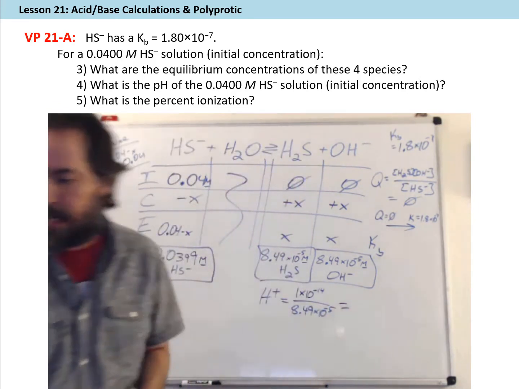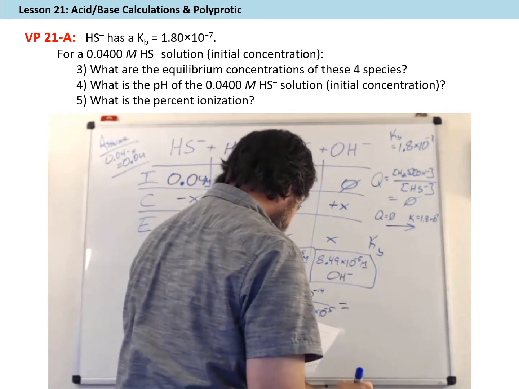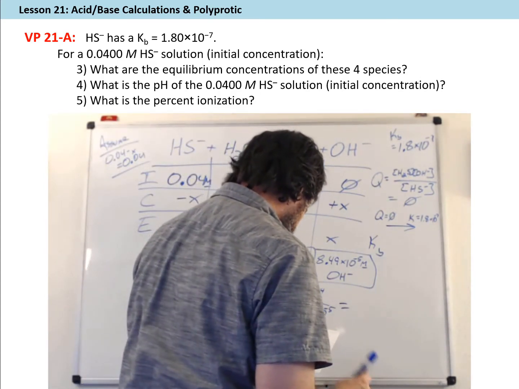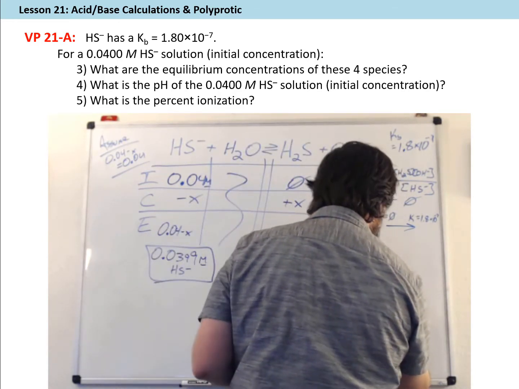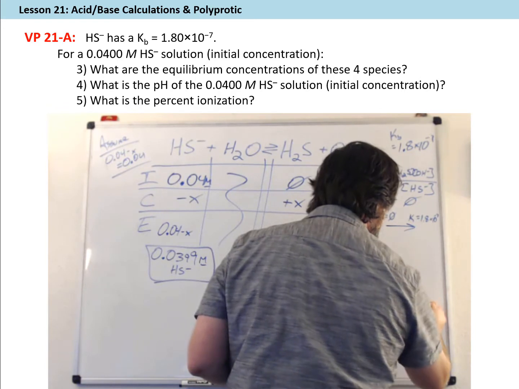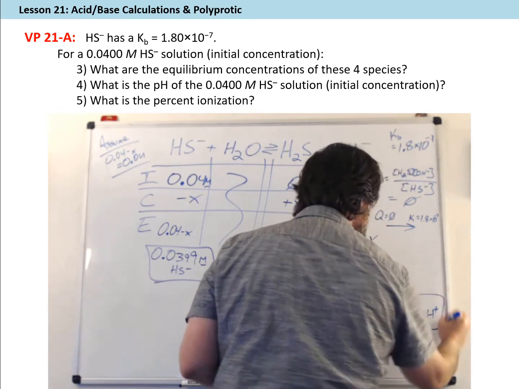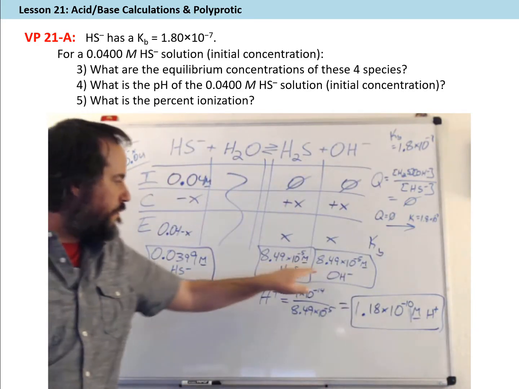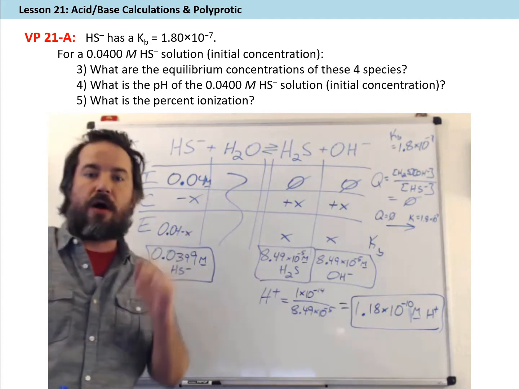And so this is going to get us our H plus concentration, which is 1.18 times 10 to the minus 10 molar H plus. All right, so these are my 4 values. That's my answer to problem number 3.